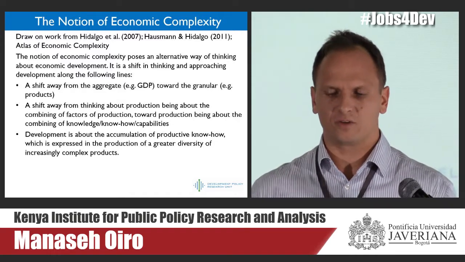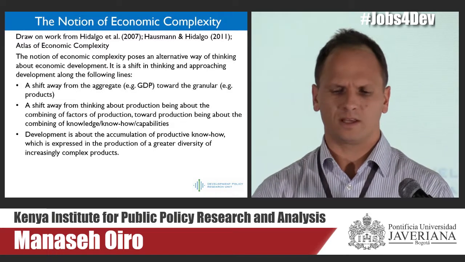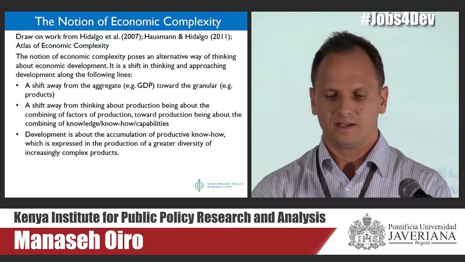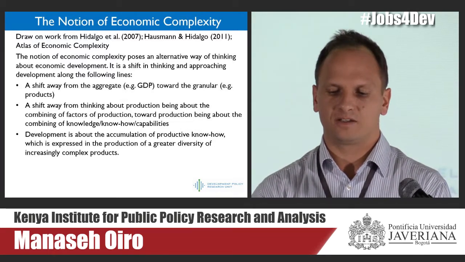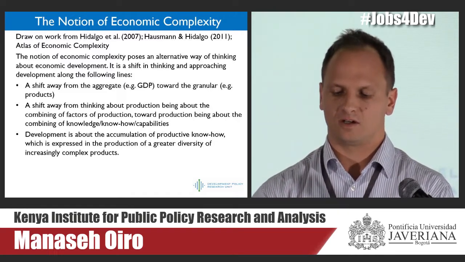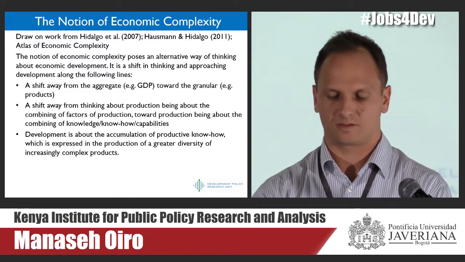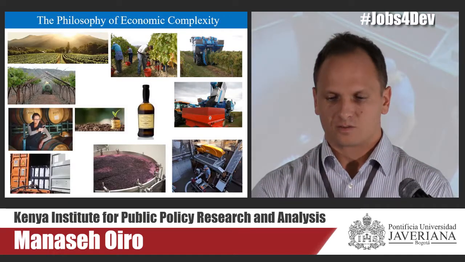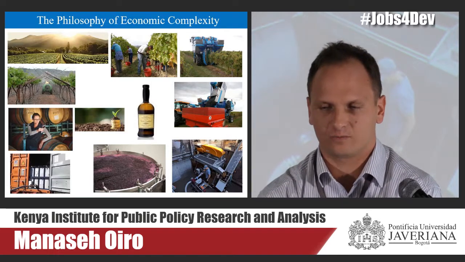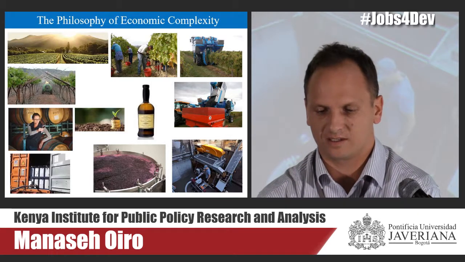They think of development as the accumulation of productive capabilities, which is expressed in the production of a greater diversity of increasingly complex products. Okay. So what are productive capabilities? That's at the core of their thinking.